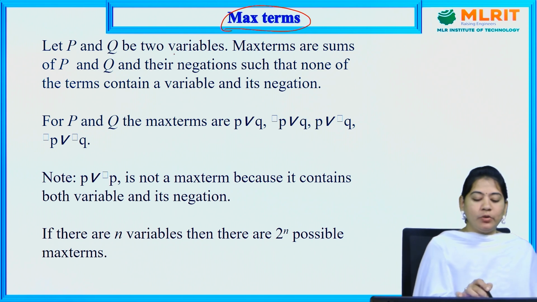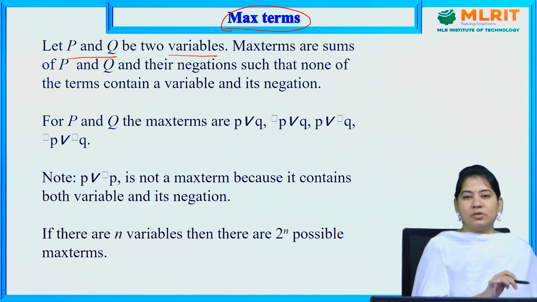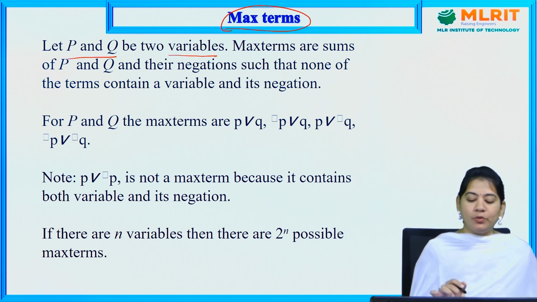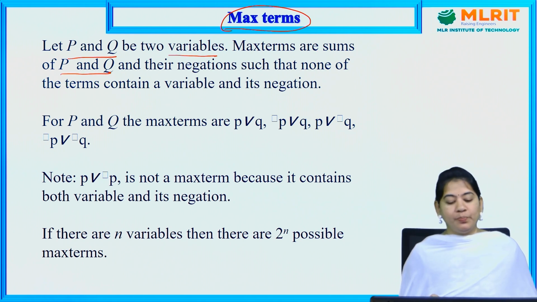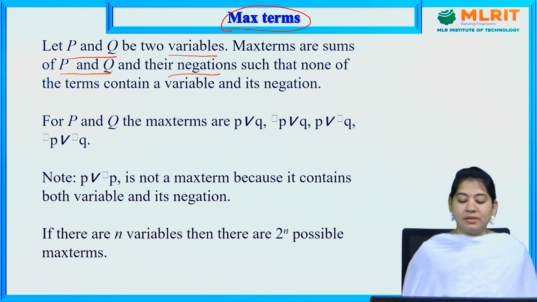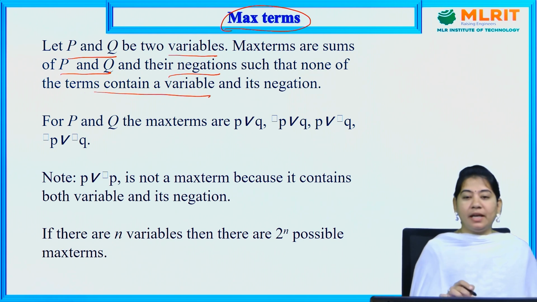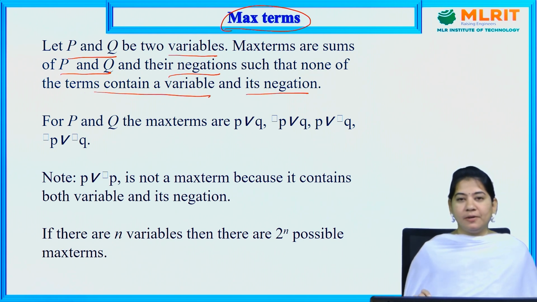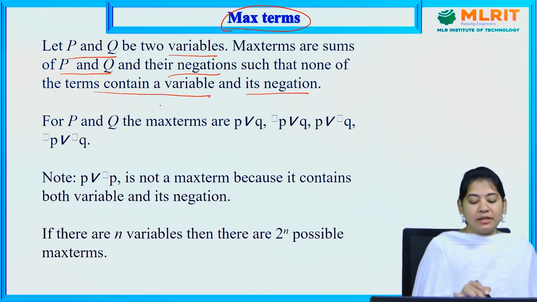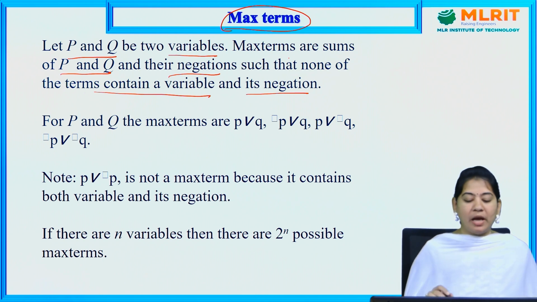Let P and Q be two variables. The max terms are sums of P and Q and their negations such that none of the terms contains a variable and its negation. So just like min terms, which are products, max terms are nothing but sums of P and Q and their negations.